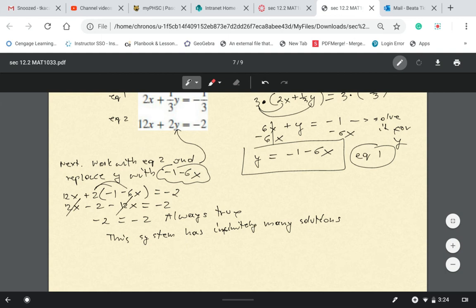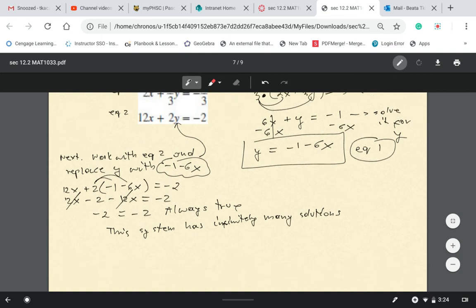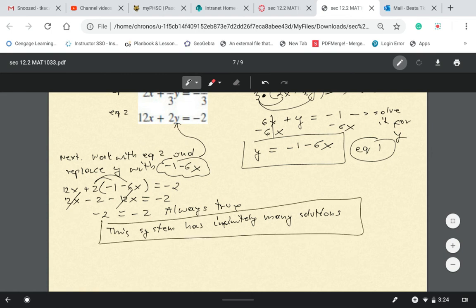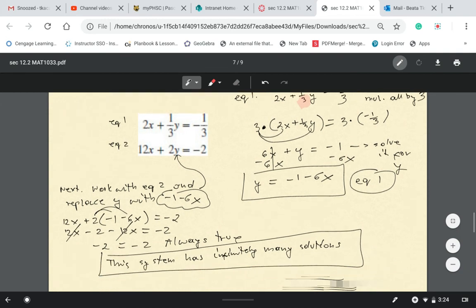And we know that those two straight lines from equation 1 and equation 2 are graphing exactly the same way. So that should be fine on your homework. When variables cancel and you end up with something that is always true, you already know that this system has infinitely many solutions. So that means the system is dependent.